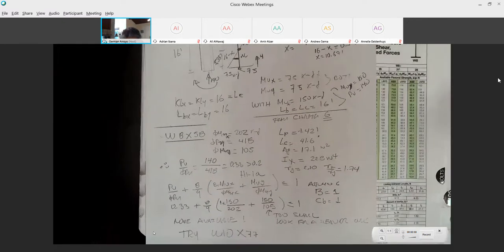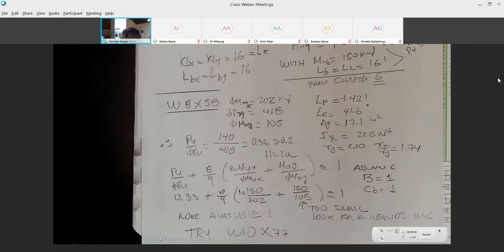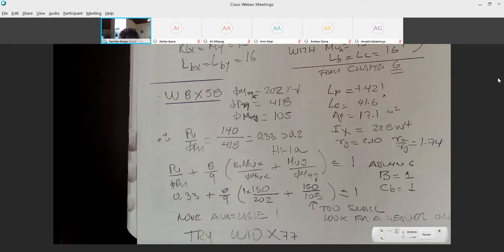So now that we had 0.33, this is equation H1-1A. Magnification factor here is assumed to be 1, assumed to be 1. So what we put in here was the 0.33, 8 over 9.